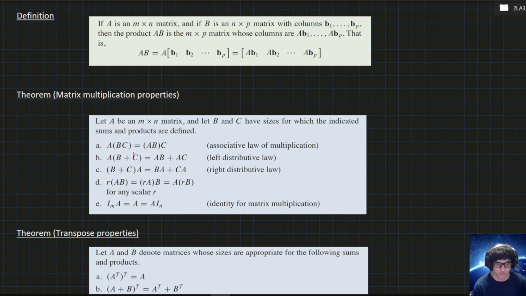If you want to distribute this, you have to write it as AB plus AC. Since A is on the left here, A has to be on the left for AB and for AC. What you can't do is write this expression as BA plus CA. You have to retain the order when expanding.